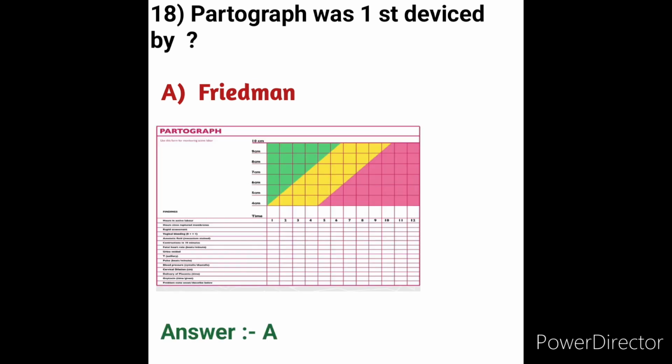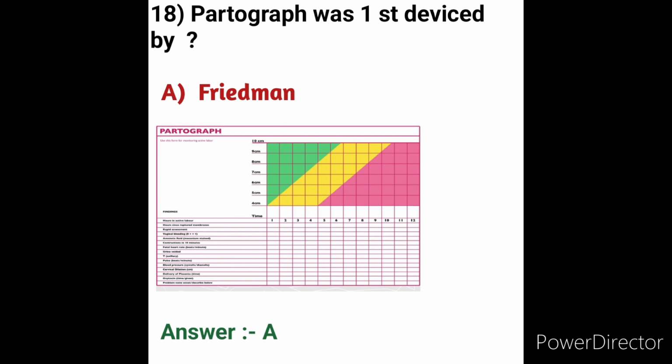I will show you. Here we can see the partograph chart. During the assessment of labor, we can monitor the graphic assessment of the progress of labor in this chart. The partograph was first devised by Friedman. Option A is the correct answer.